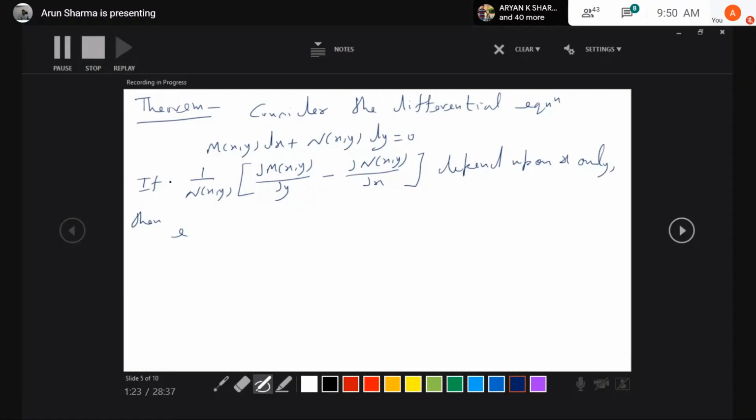Let me write this as mu. So if this mu depends upon x only, then e to the power integral of mu dx is an integrating factor of equation 1.